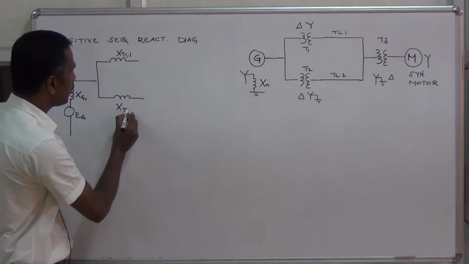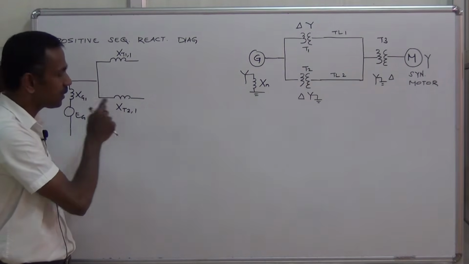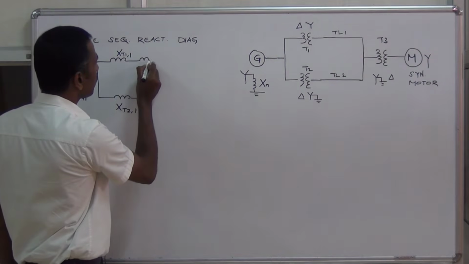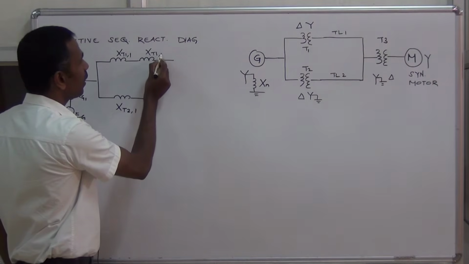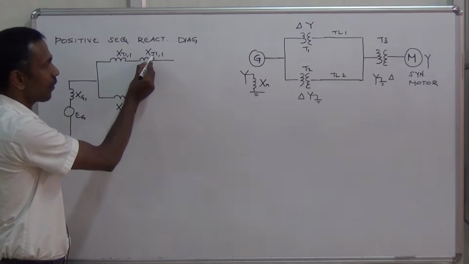It is Xt2,1, the positive sequence reactance of the second transformer. Then we have the transmission lines, XTL1,1.